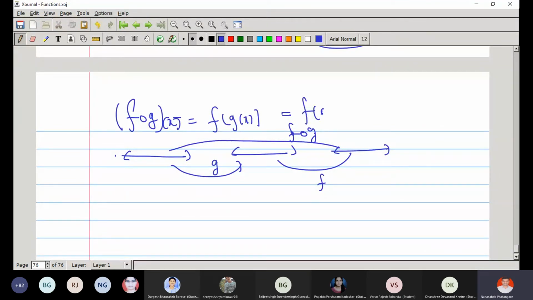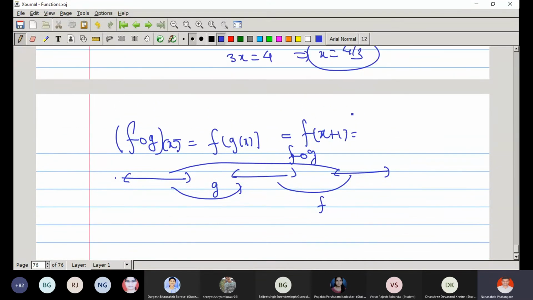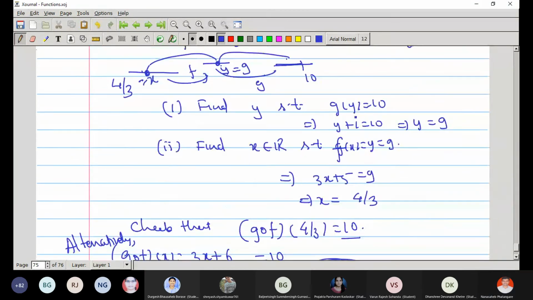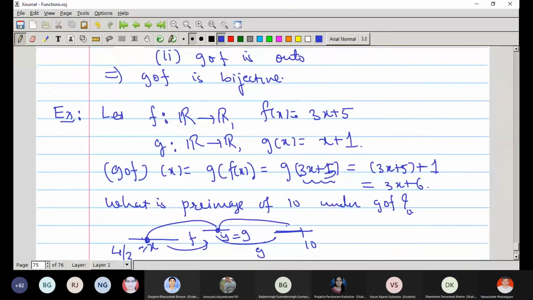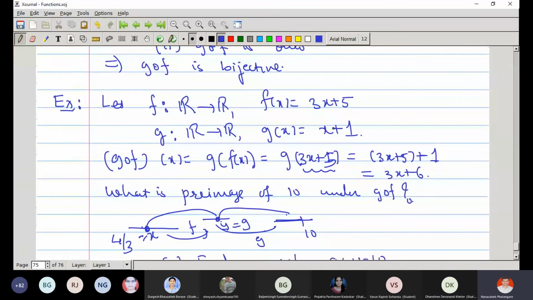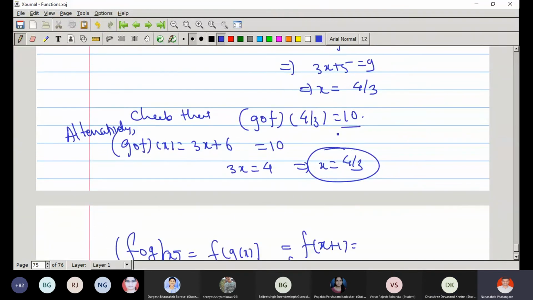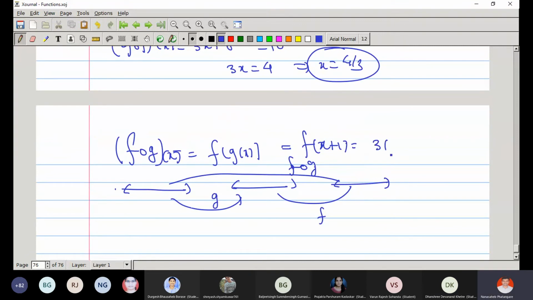But g of x is x plus 1. And therefore what is f of x plus 1? F of x is 3x plus 5. So f of x plus 1 is 3 times x plus 1, plus 5. Therefore it is 3x plus 8.